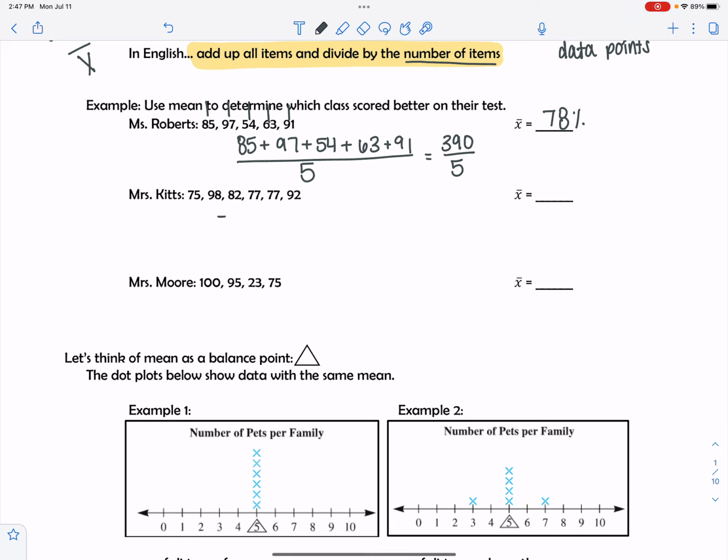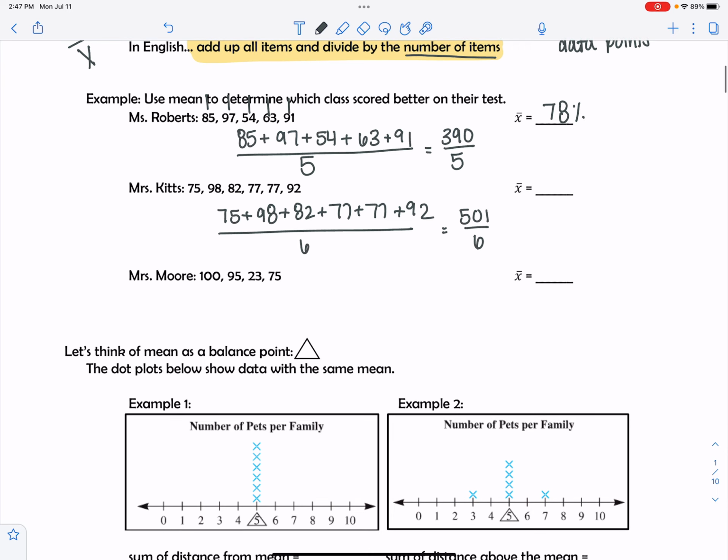I'm going to do the same thing with Miss Kitts. Add up all the numbers. And then divide by the number of tests, which she had 6. So when I add up the top, I get 501 divided by 6 is going to give me an average of 83.5%.